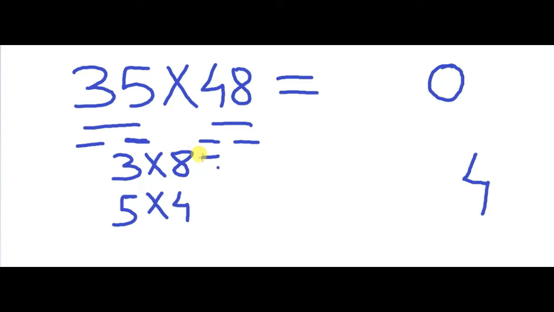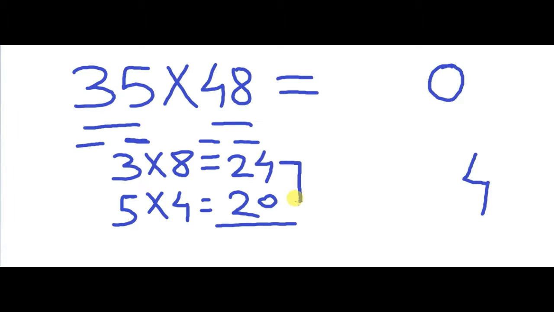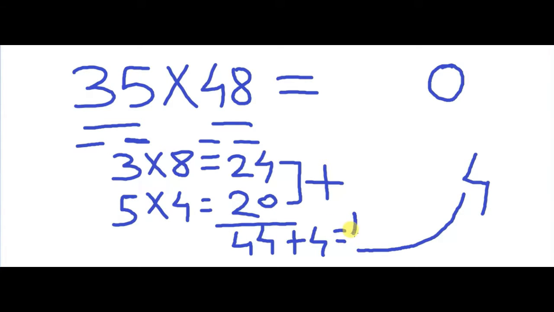So 3 into 8 is 24 and 5 into 4 is 20. Then take addition of these both numbers, that is 44. Then add the carry from previous step to this number, that is 4. Then we get 48.